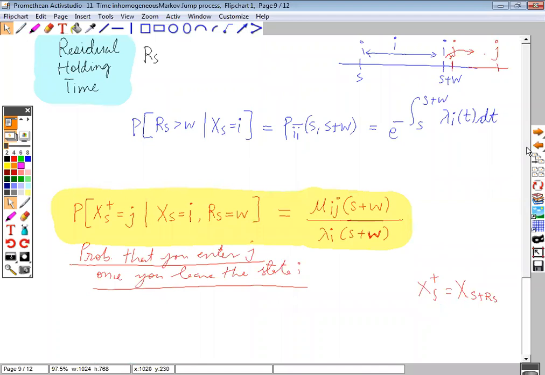Yeah. But again, we were given some more information: not only what state we are starting in, not only what state we end up in, but also some information about how much time we have spent in the particular state we started off with. So if that is given to you, then you use this formula again.